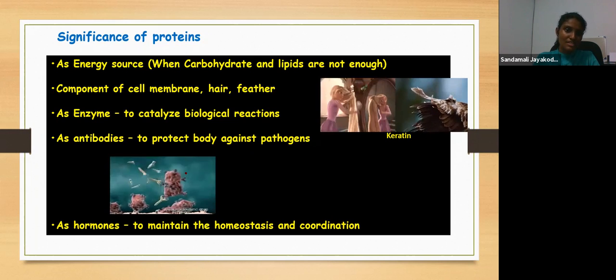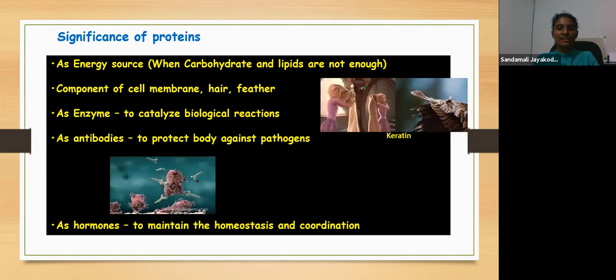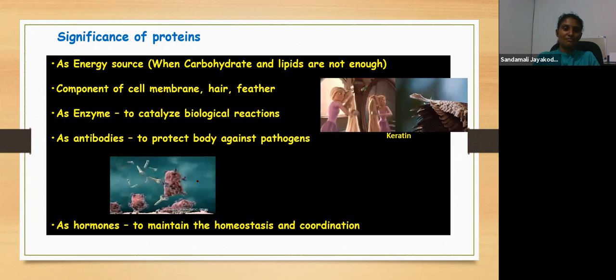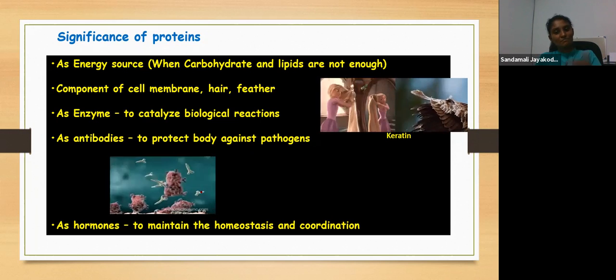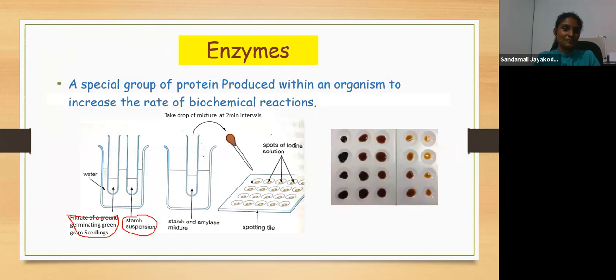As you can see in this image, there are little Y-shaped particles. They are antibodies. They come and bind with that particular pathogen and help to destroy it. Then it gives us protection.